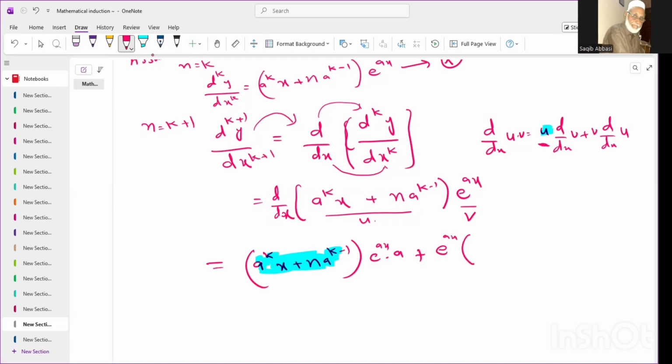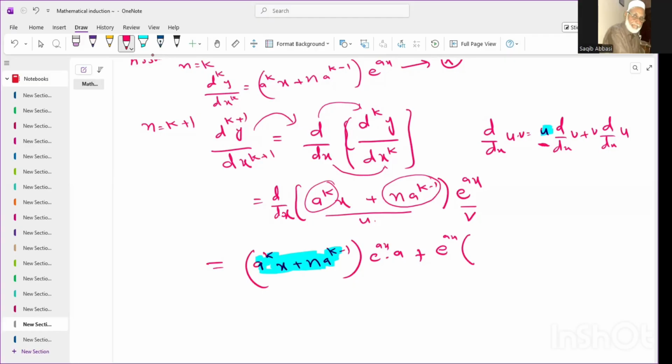Now the derivative of your u function. So what is the derivative here? Here we have only x, whose derivative is 1. This is our derivative because a^k and a^(k-1) are constant values.